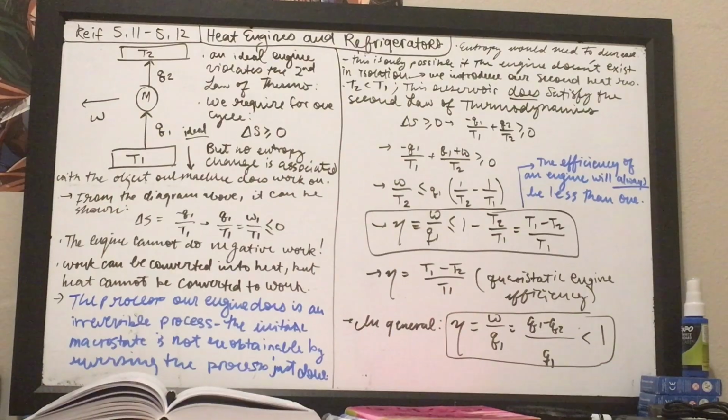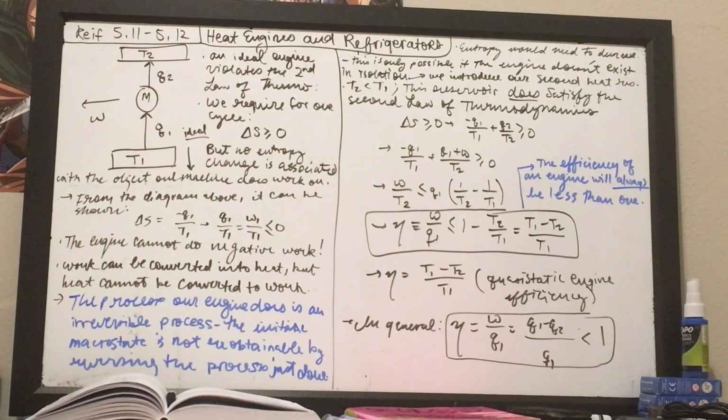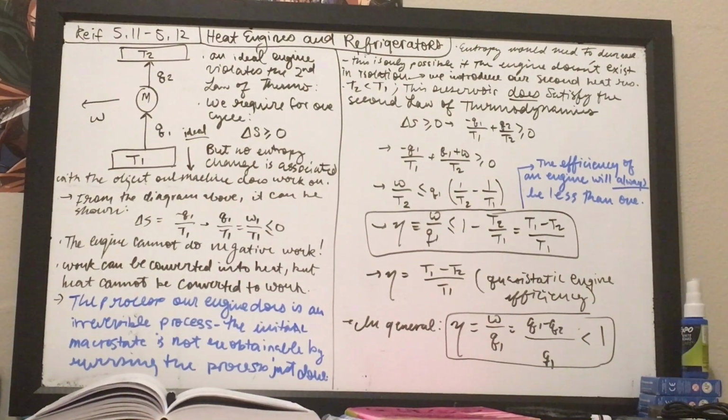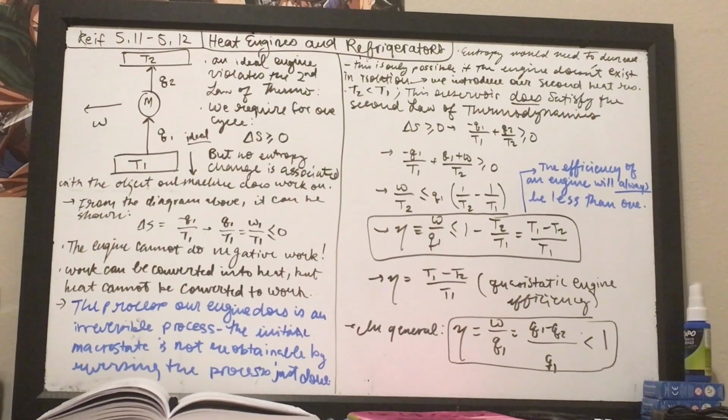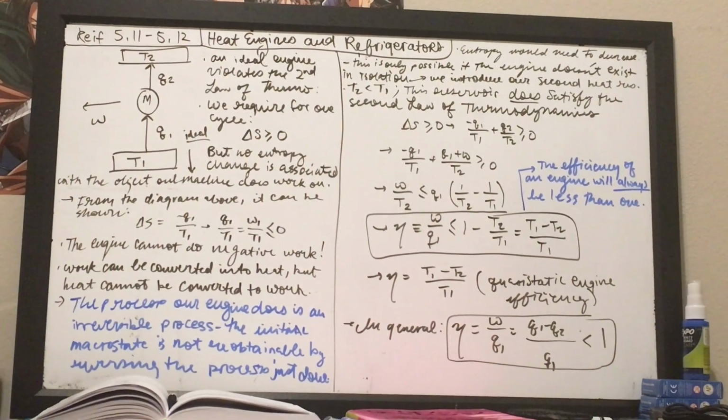Because we get that negative work statement. Now, this is only possible if the engine itself doesn't exist in isolation. So we introduce that second reservoir into which we get a heat transfer of Q2 at temperature T2 in that reservoir, such that the temperature of the second reservoir is lower than that of the first that it's extracting from.